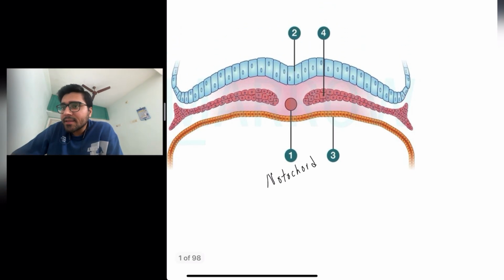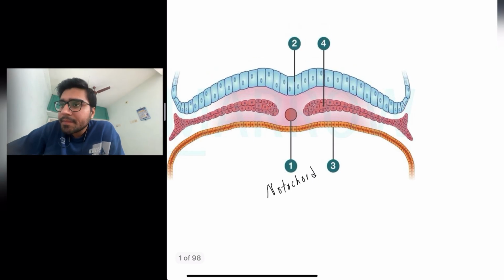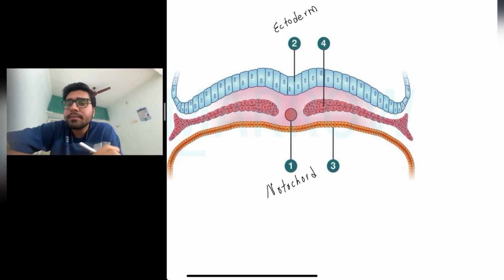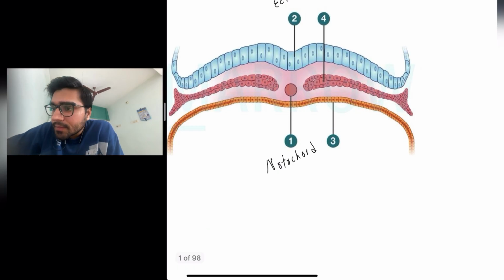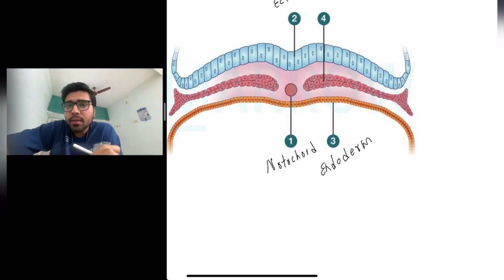The second structure is ectoderm. The third structure is endoderm.